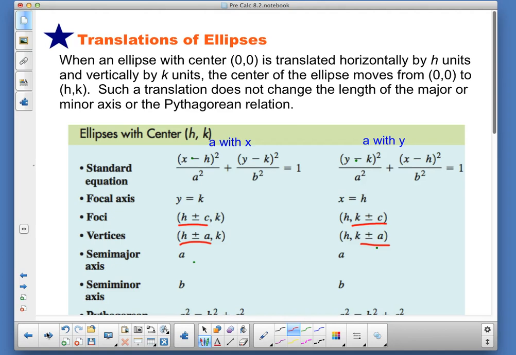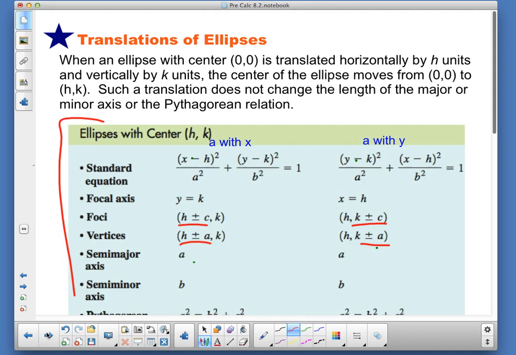And to be honest, I would familiarize myself more with the HK version of an ellipse than the 0, 0 version, because if HK or 0, 0, it takes over. Okay, so I wouldn't look at it as, well, I got all this stuff to keep in mind. I would just make sure I knew that and was very, very clear about it.